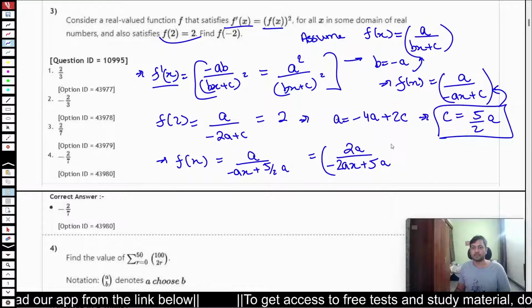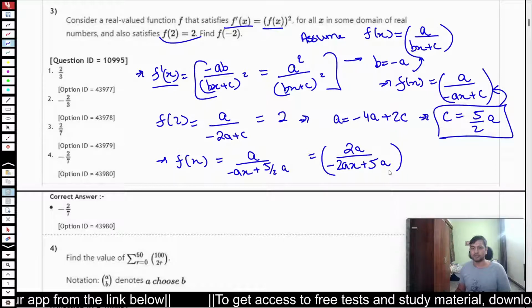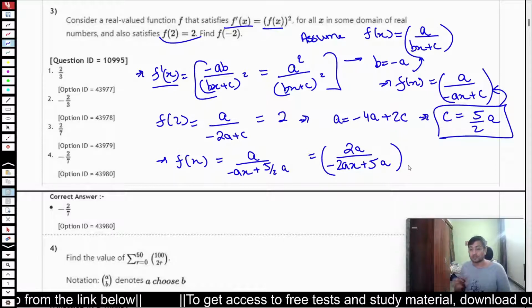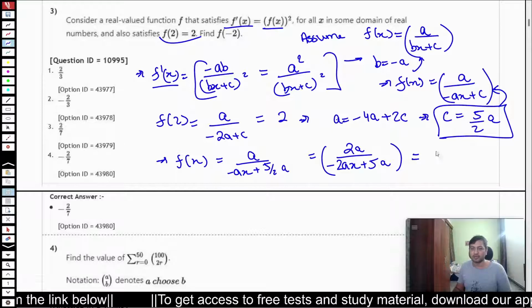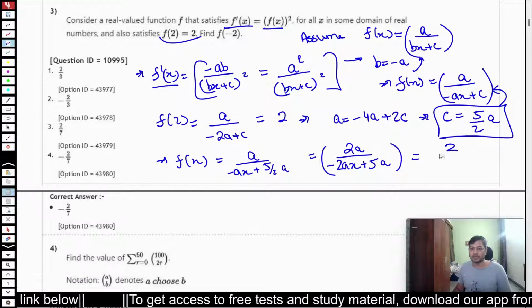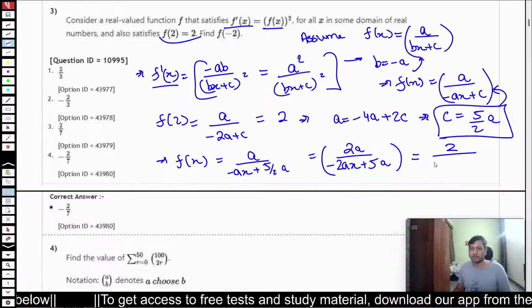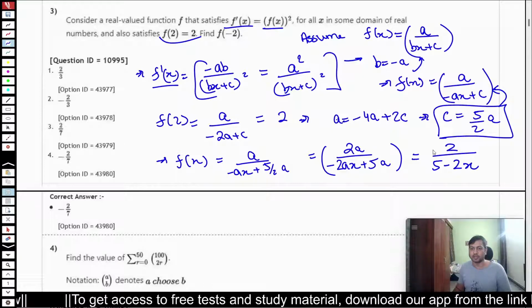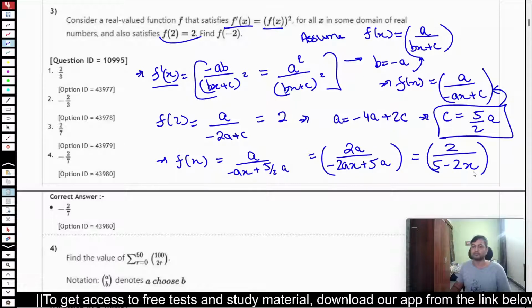So this is my f of x function. Okay. अब इसमें से a मैं cancel कर सकता हूँ because a is common everywhere. So by cancelling a, what I can get is 2 upon 5 minus 2x. Okay.